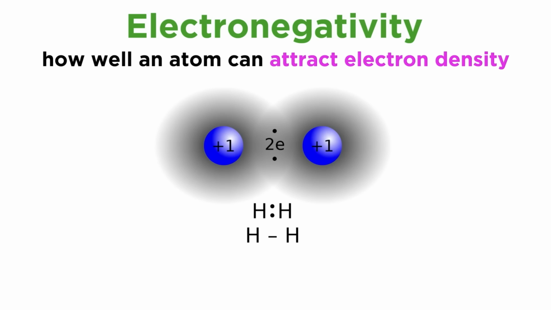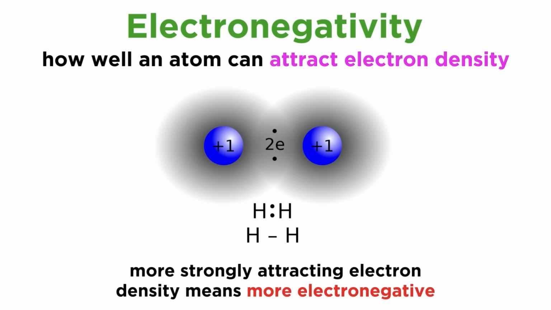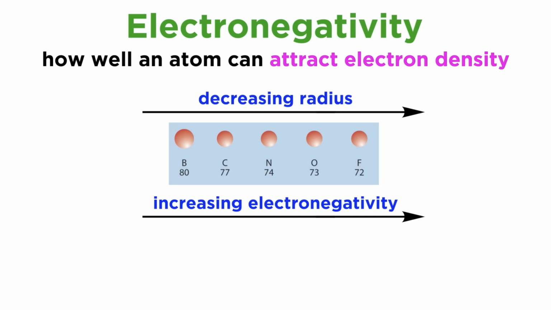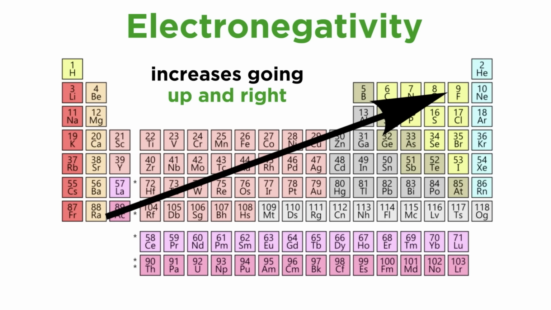And finally, let's examine electronegativity. Electronegativity is a measure of how well an atom can attract electron density towards itself, which is measured by looking at the way electrons are shared in chemical bonds. The more strongly it can attract electrons, the greater its electronegativity. Electronegativity will depend on atomic radius, since a smaller atom with a greater effective nuclear charge will attract electrons more strongly, so the electronegativity trend will be the same as the ionization energy trend.